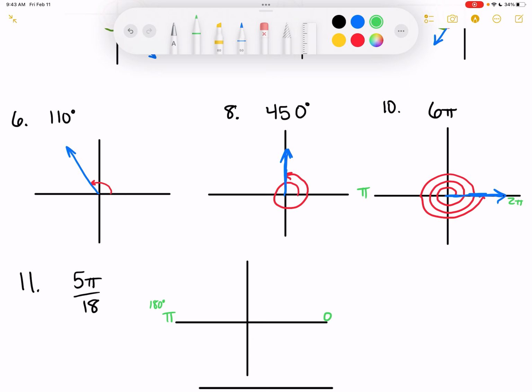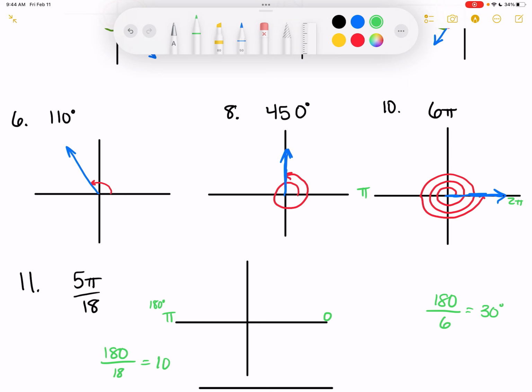So if I divide 180 by 6 to give me my pi over 6, that gives you 30, correct? So if I have 180 degrees divided up into 18 parts, how many degrees is each of those? 10. Okay, so these are going to be in increments of 10 degrees.